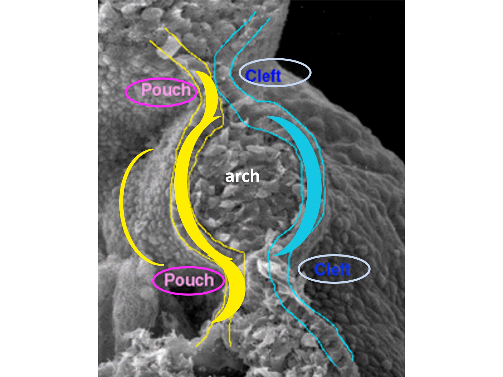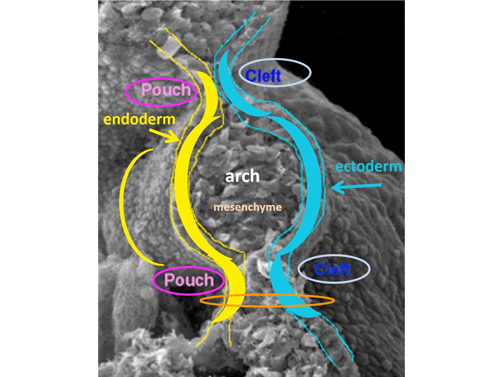This is the ectoderm cells extending to the next arch through the clefts, and the core of the arch has a mesenchyme. This is the superficial part of the endoderm, and this is the superficial part of the ectoderm.